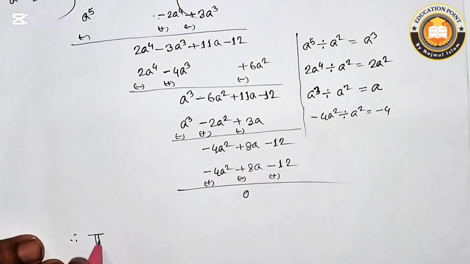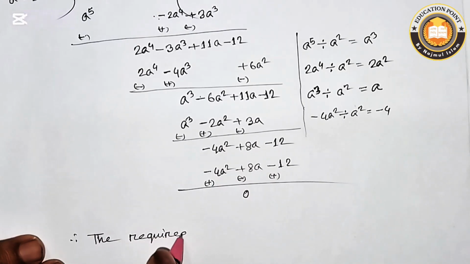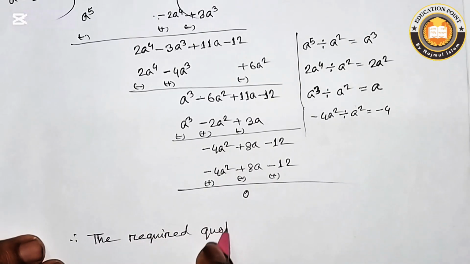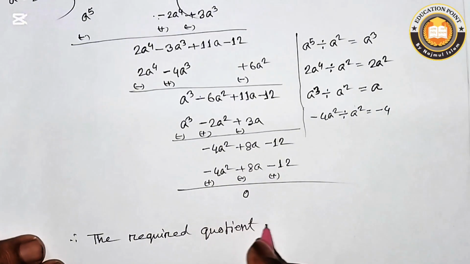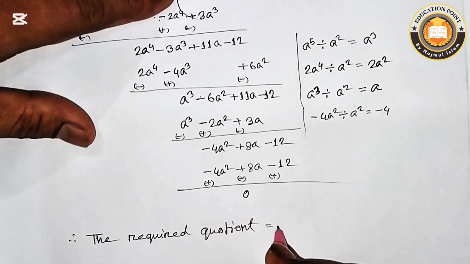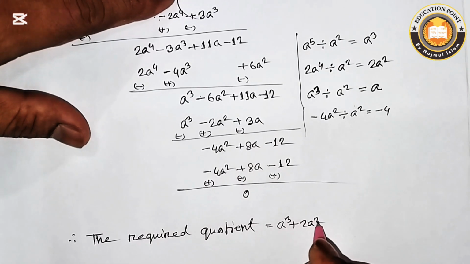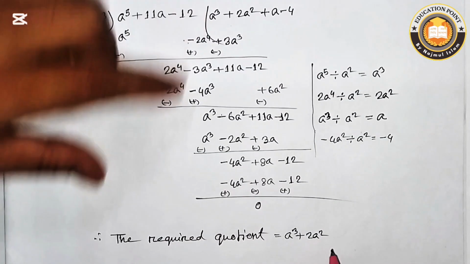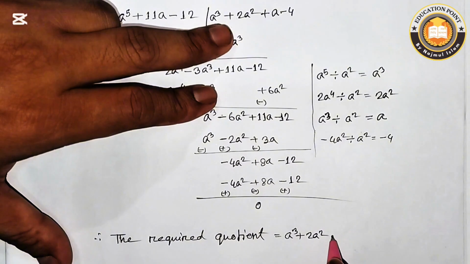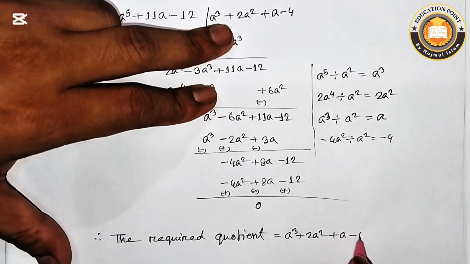So the required quotient equals a cube plus 2a square plus a minus 4.